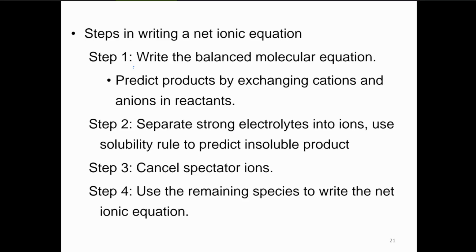When you have a gas compound, it will not be soluble in the solution. And then you cancel the spectator ions, like sodium and the hydroxide ion that I mentioned in the previous slide. And then you use the remaining species, which are the reacting species, to write the net ionic equation. So in that previous case, it is barium and sulfate.